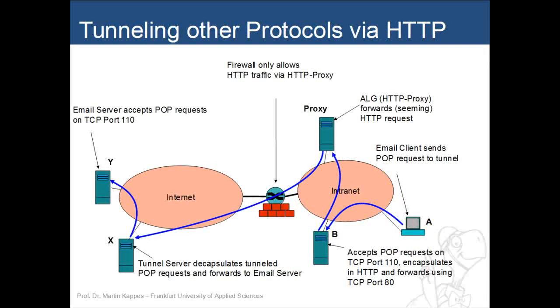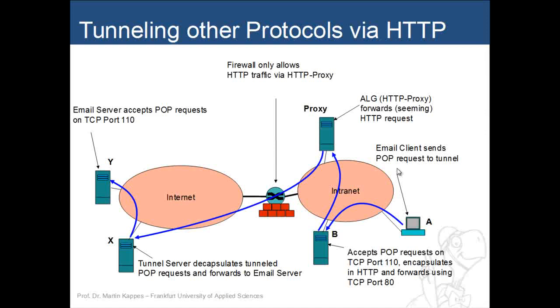In the example depicted here, also POP via HTTP, Hypertext Transfer Protocol, or I should actually say in this case here something that looks like Hypertext Transfer Protocol. So what we want to do here is we basically want to tunnel the POP traffic, which again, remember, POP is a protocol for fetching email from a server, through the use of HTTP.